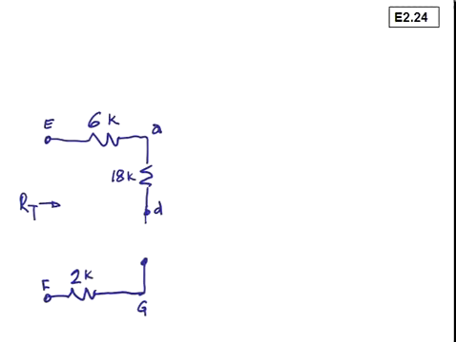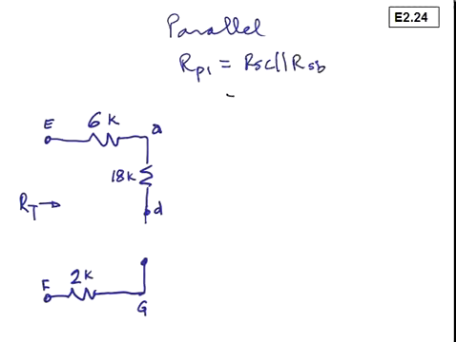Now we can look at the parallel combination of resistors, and our RP1 will equal RSC in parallel with RSB. That is equal to 12K in parallel with 24K. R sub P1 is equal to 8K.